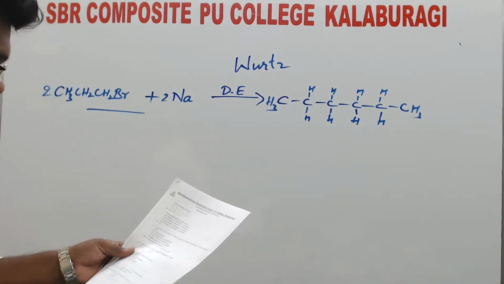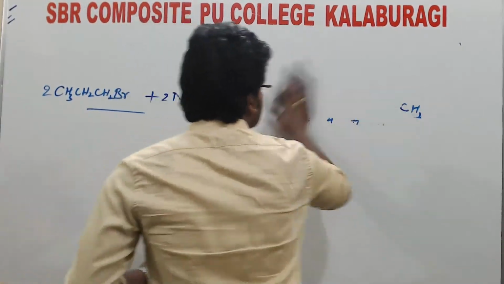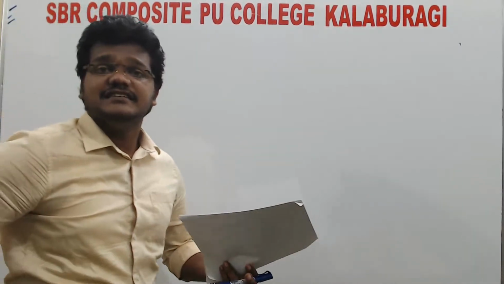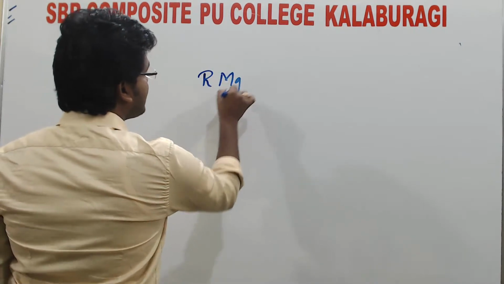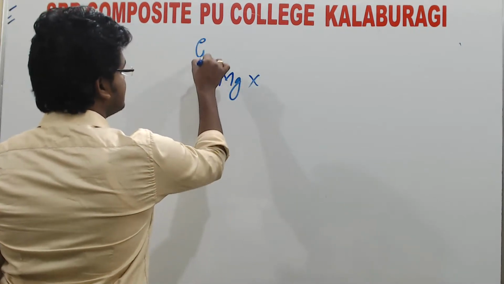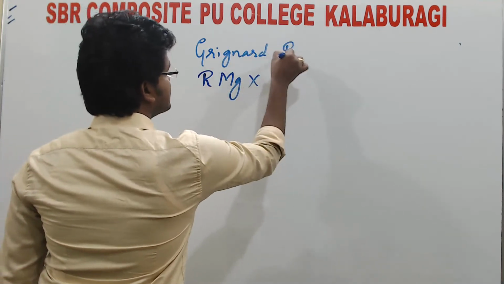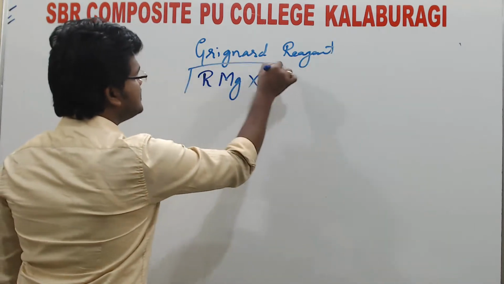Fourth one: in the preparation of Grignard reagent. What do you mean by Grignard reagent? Grignard reagent is an organometallic compound, very reactive in fact. The general formula of Grignard reagent is RMgX.